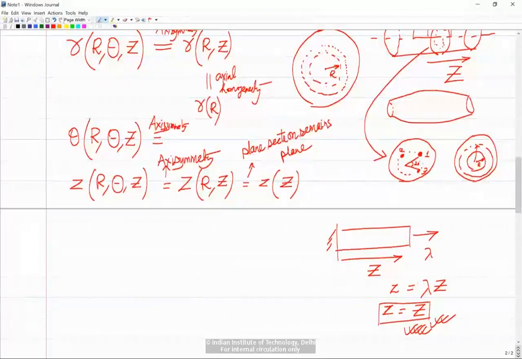Okay? And why do we say just for the rate? Because having the same rate will ensure that it has the same stress components for every cross section. So that's axial homogeneity, that the stress components are not functions of big Z.